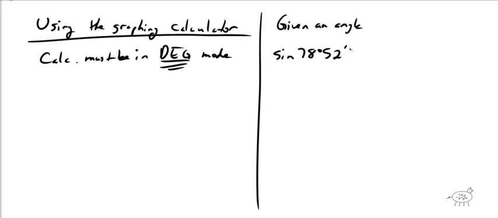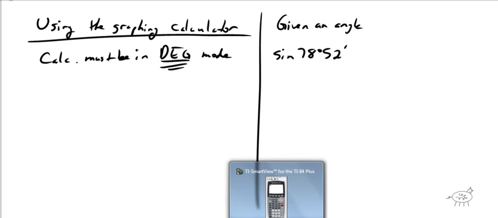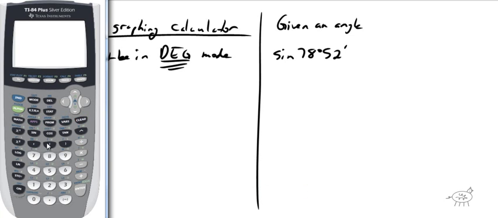This is really easy. That is the easiest problem I could probably give you. Your little brother could do it. Well, maybe not, because they don't necessarily know where the degree and minute symbol is. But let's do this one: sine of 78 degrees 52 minutes.